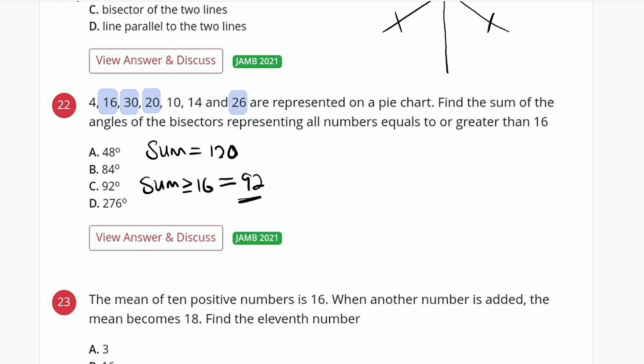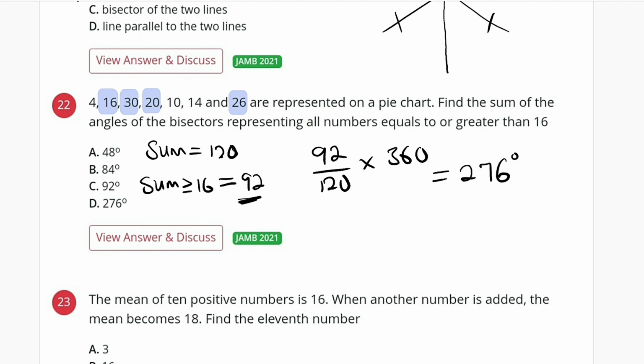So we take 92 out of this 120, then multiply by 360. So we say 92 divided by 120, whatever we have, we multiply by 360. And that will give us the sum of 276.